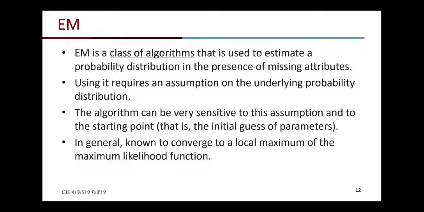In general, it's a good algorithm in the sense that if you make the right assumptions, it's known to converge to a local maximum of the likelihood function, which basically means that if you do a few restarts, in one of them you will hopefully get a good local maximum, maybe a global maximum.